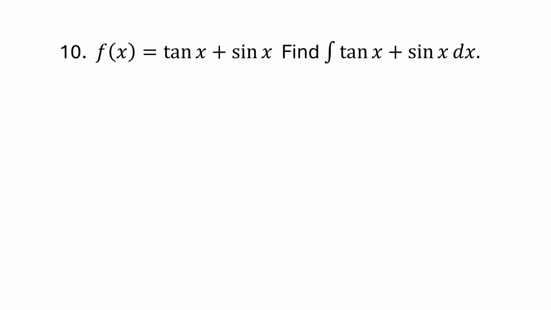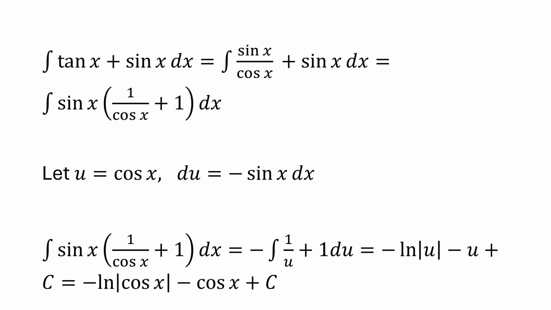And finally, another trig problem, f of x is tan x plus sine x. So we're going to find the integral of tan x plus sine x. One trick that is often used when working with trig functions is to take the functions and re-represent them as sines and cosines.